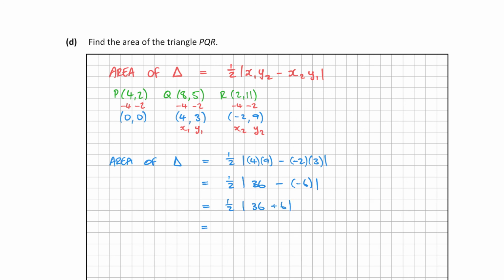And that will give us 1/2 of 42. Now, in this case, the modulus didn't matter, but sometimes you might end up with a negative number inside these lines. And what the modulus means is that we turn it back from a negative into a positive. So we get an answer there of 21 square units. And if you got that correct, that was worth 5 marks that year.